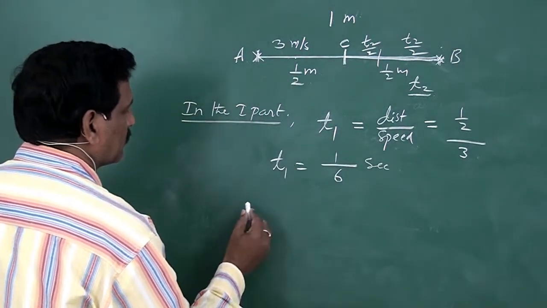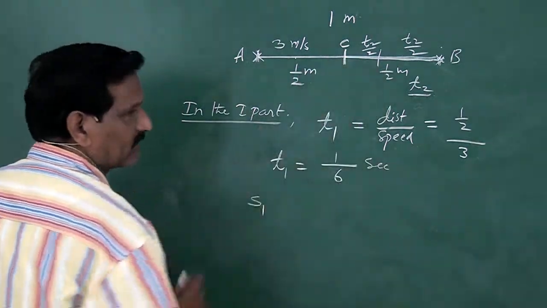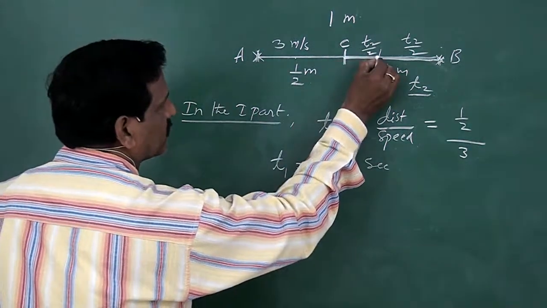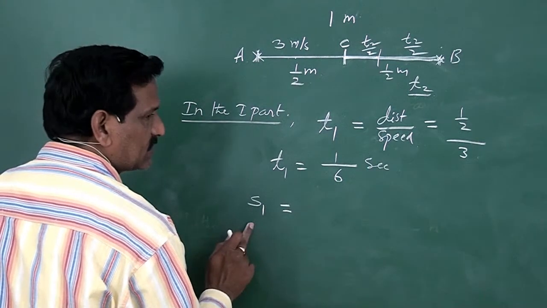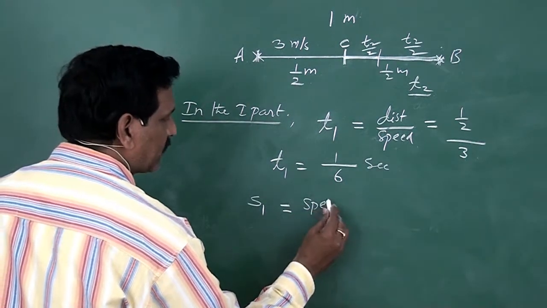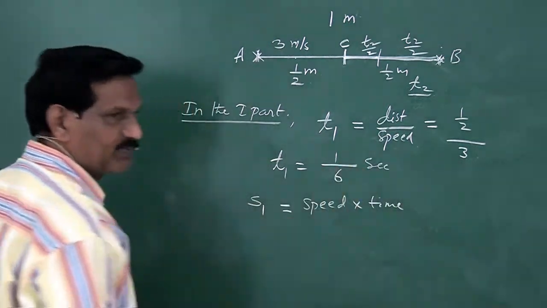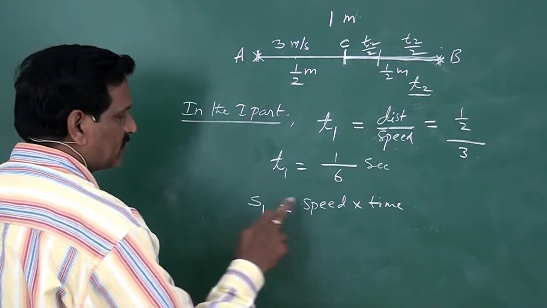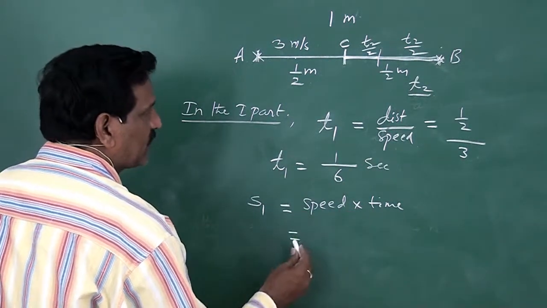In the second part, if S1 is the distance travelled in this part, distance is equal to speed into time, because speed is equal to distance by time.